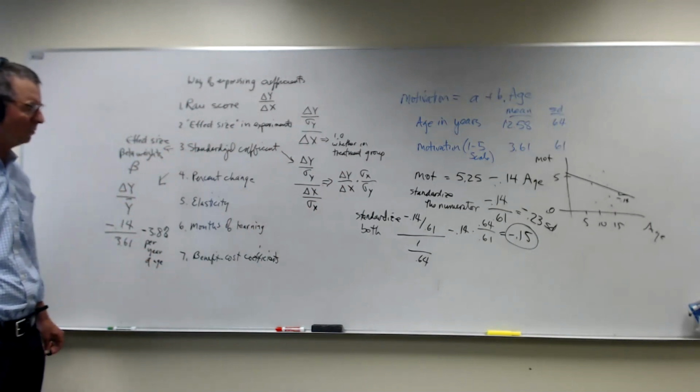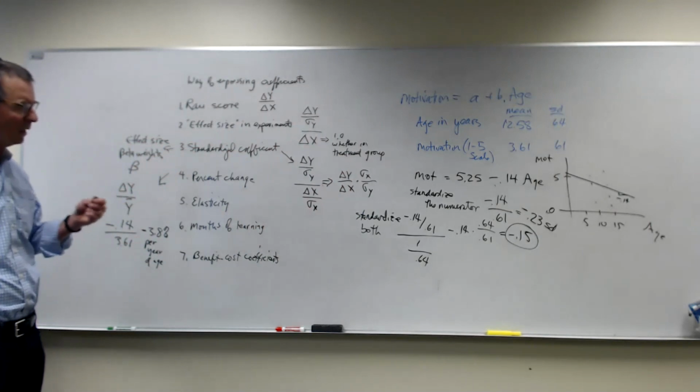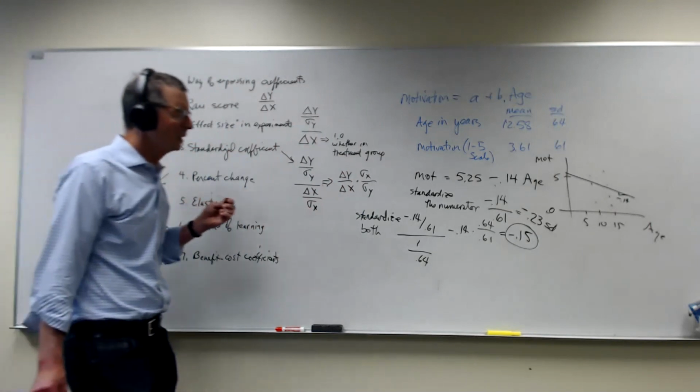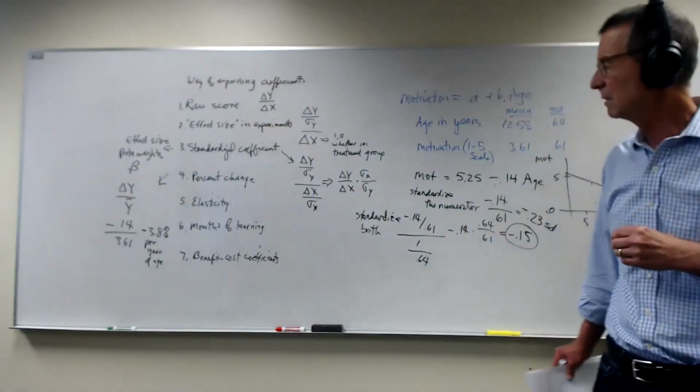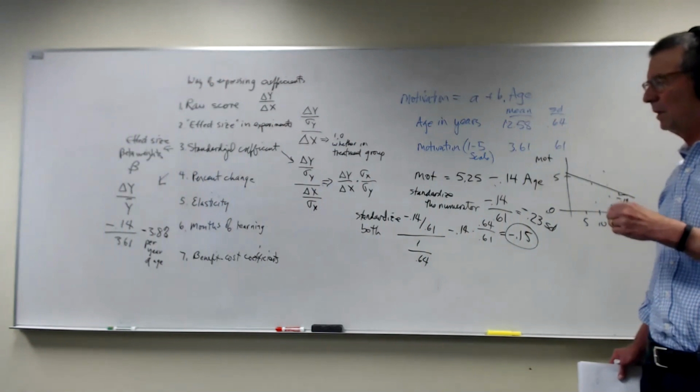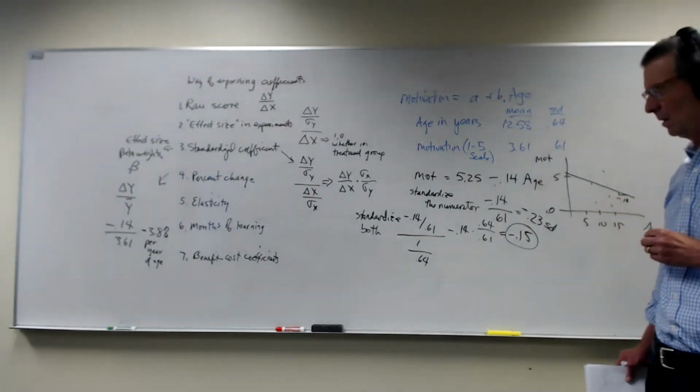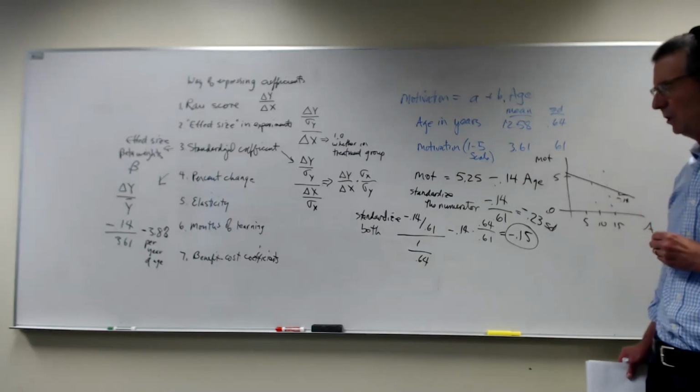So it's a way of trying to develop a measure of effect size that you can compare across other variables in your data set. You can compare to other articles and what sort of relationship they get between, in this case, motivation and age.